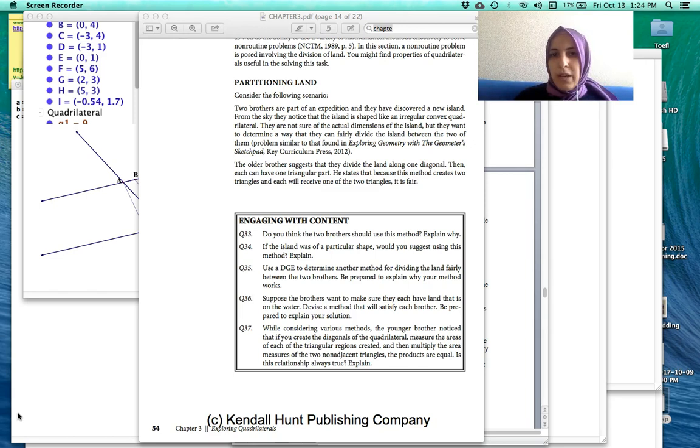They are not sure of the actual dimensions of the island, but they want to determine a way that they can fairly divide the island between the two of them. The older brother suggests that they divide the island along one diagonal. Then each can have one triangular part. He states that because this method creates two triangles, each will receive one of the two triangles. Is it fair?